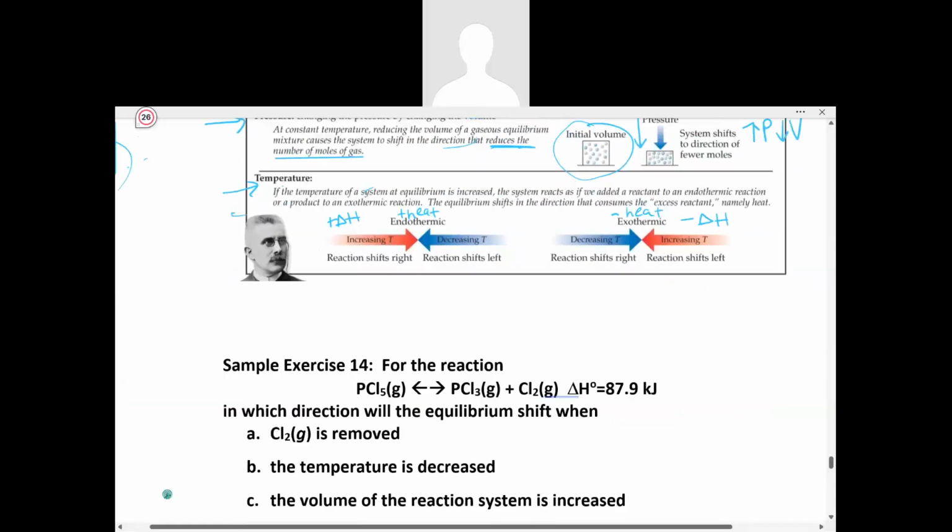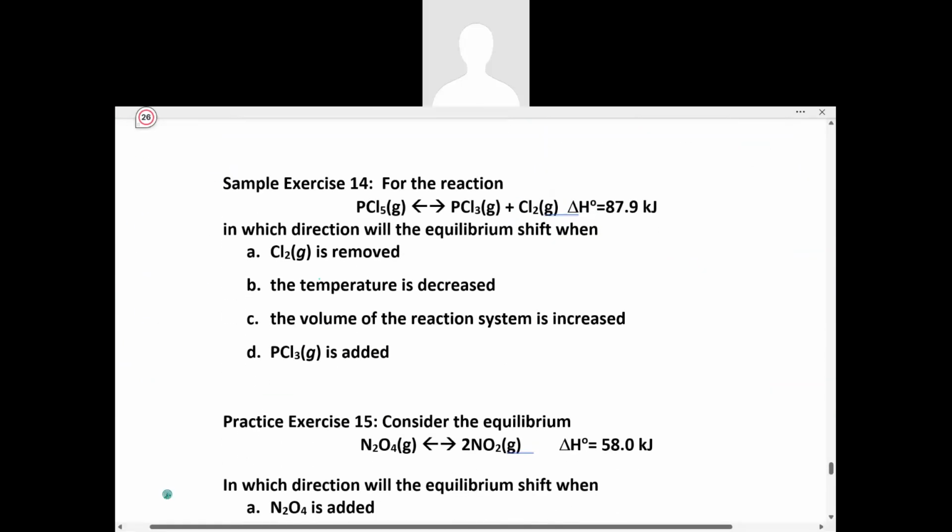So let's take a look at sample exercise 14 here. So here's our reaction at the top here that has established equilibrium. We can see that it has an enthalpy value of positive 87.9. So this is an endothermic reaction, and we can consider heat over here as a reactant.